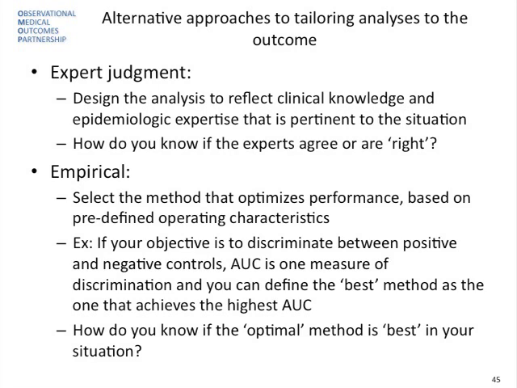What we've been focused on within the OMOP experiment is to try to apply all methods to our data for all of these 399 test cases, and then try to identify the particular method that we can consider best on the basis of having that highest predictive accuracy. Now, of course, just because it worked for our 399 test cases, how do we know it's best for your particular question? Again, challenges remain. What we're going to show you is the results of what happens if we do apply this empirical, data-driven approach.